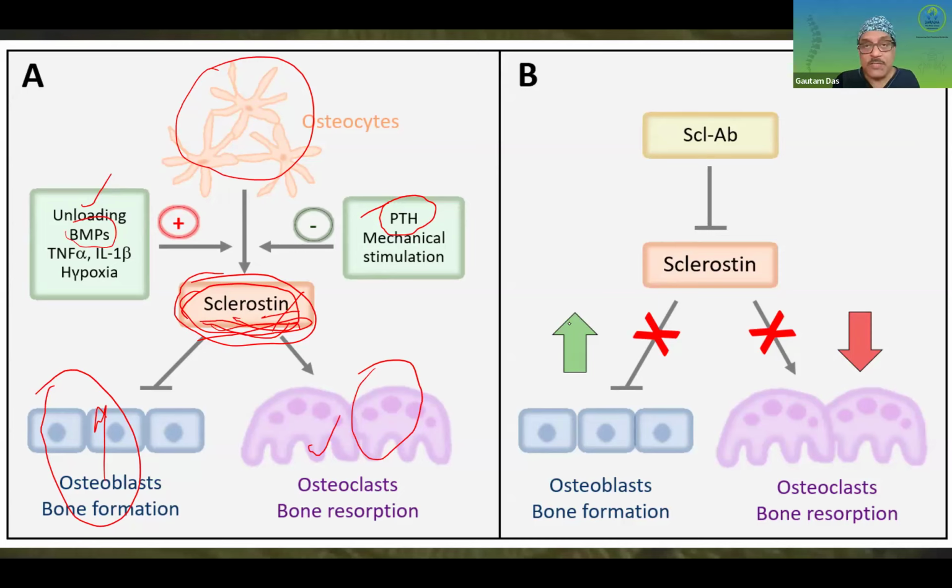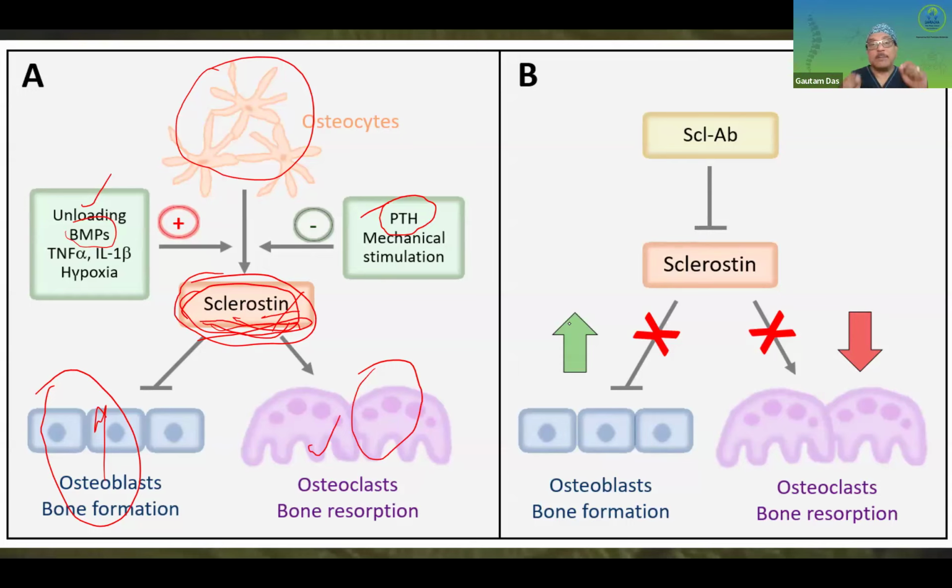Physiologically, when our parathyroid gland is continuously secreting, its basic function is to maintain the body's calcium homeostasis, keeping the calcium level constant. For that, the parathyroid continuously secretes, and that causes increased RANKL. Increased RANKL means more osteoclastic activity, so calcium will be released slowly inside the body, right?